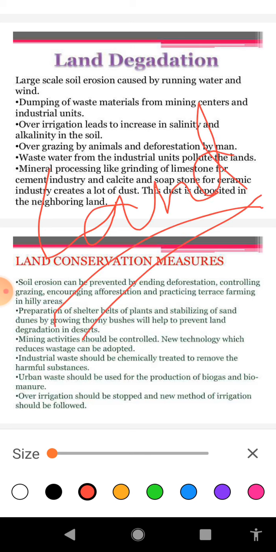With regard to land as a resource, which we discussed earlier and all of you have read in junior classes also, it is a very important resource. This resource can be used for different purposes.